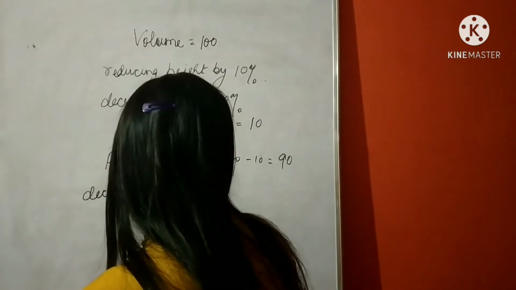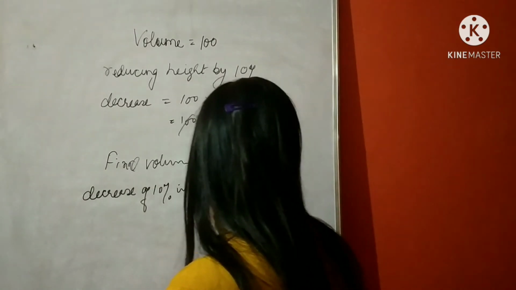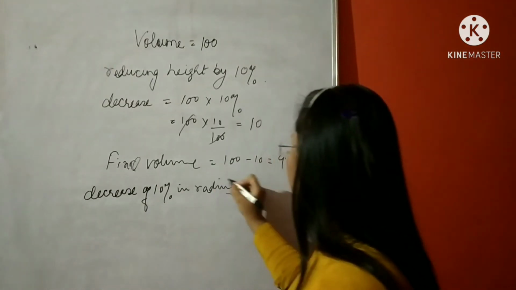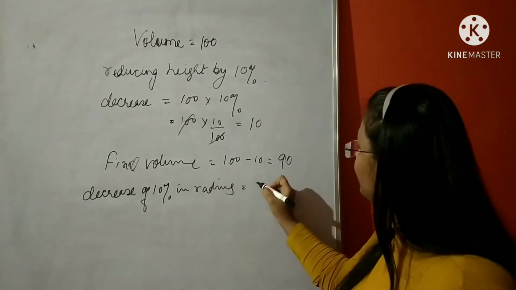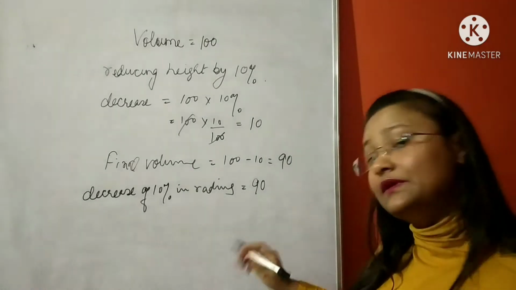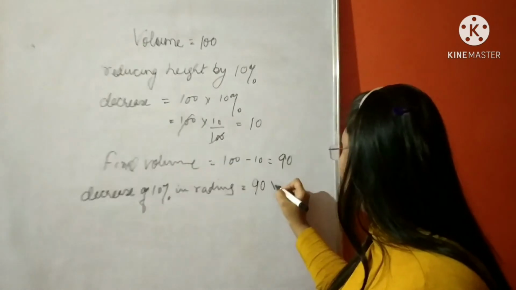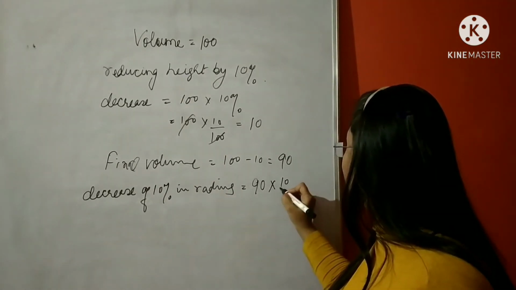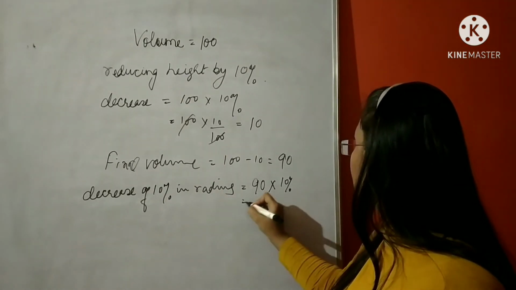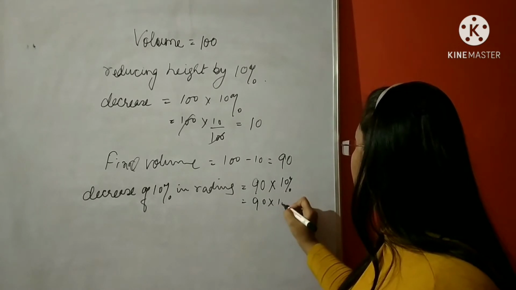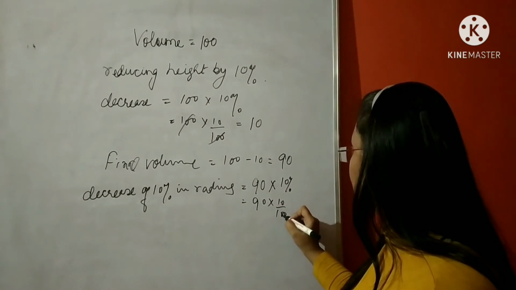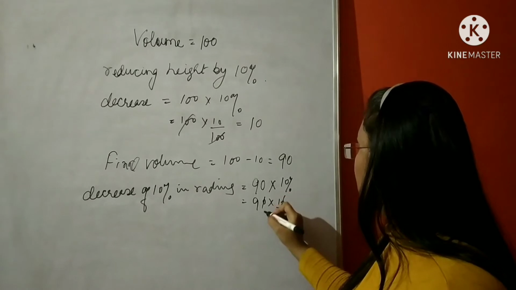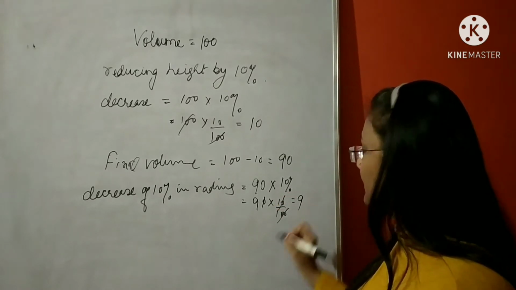So 10% will be 90 into 10 by 100, so it is 9.